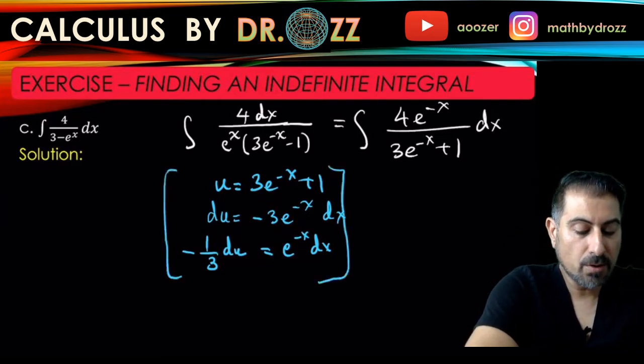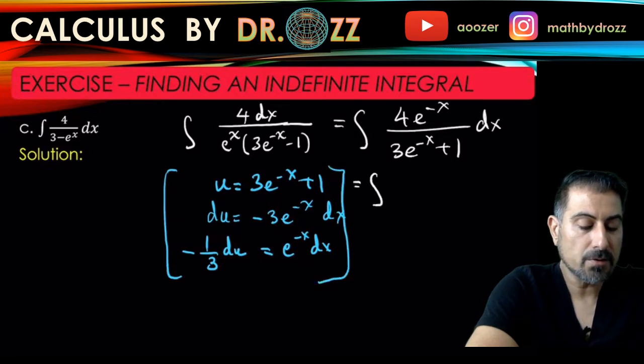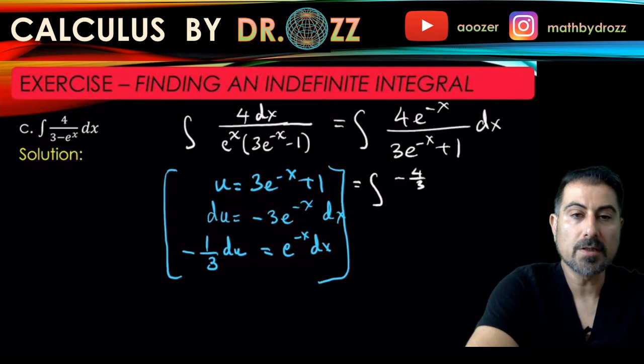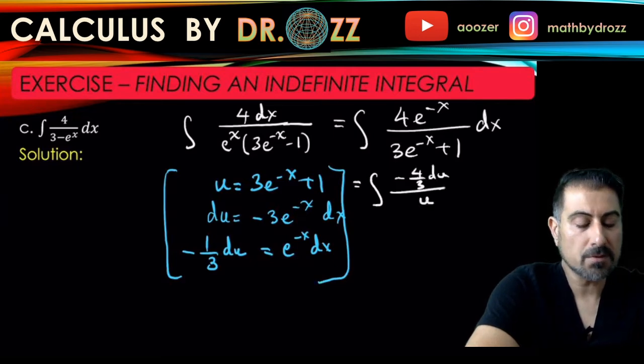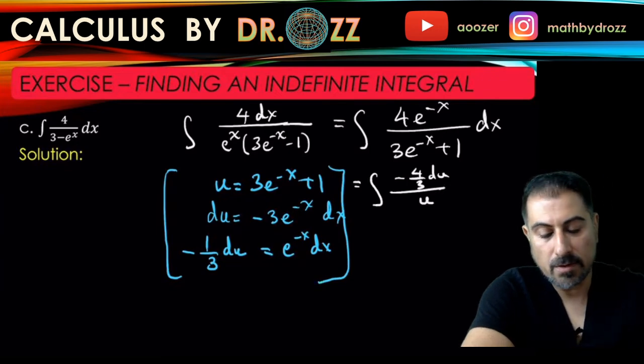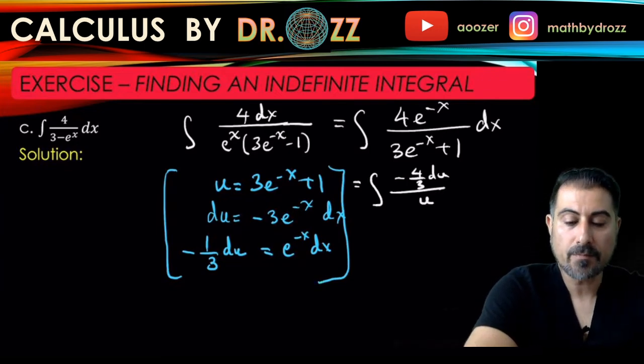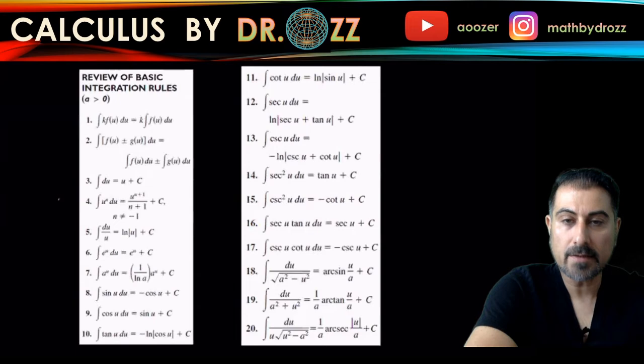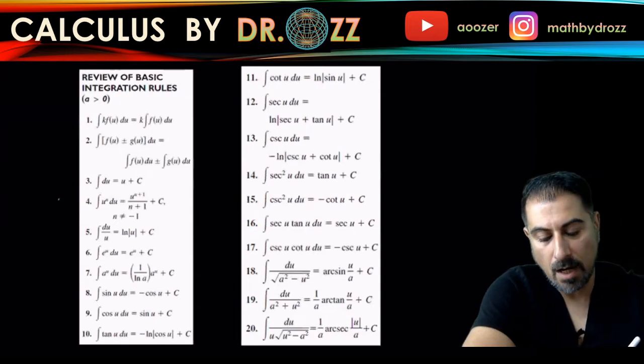So I have 4 and I have negative 1/3 du. So negative 4/3 du over u is what I have for the integral in terms of u. And that's one of the known integrals in the basic integration rules, which looks to be number 5.